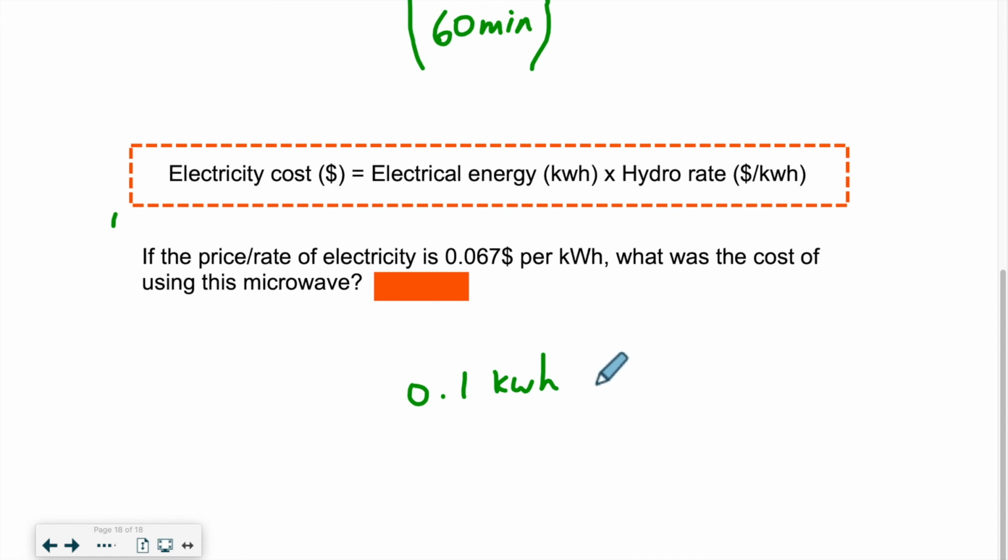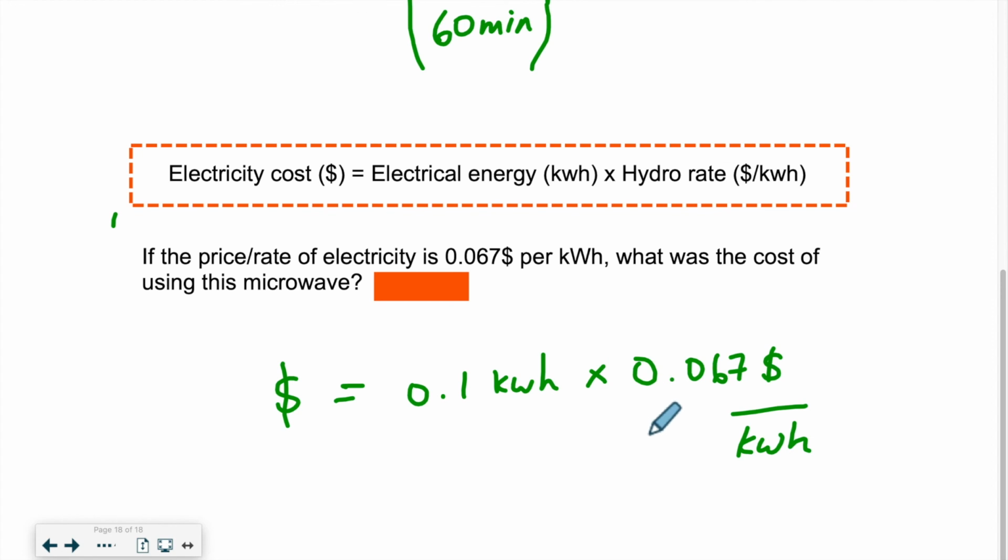That's the amount of energy that it consumed based on the time. And the cost is $0.067 for every kilowatt hour that I use. So what is the price? I just multiply and I will get the cost, which is $0.0067.